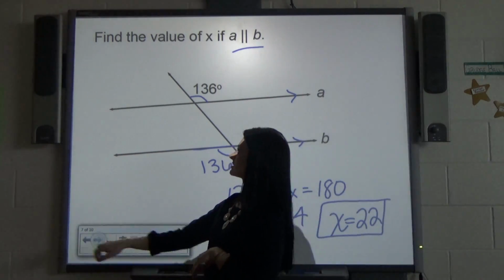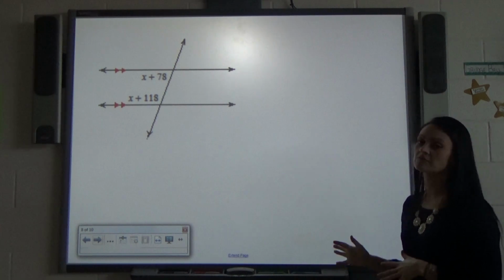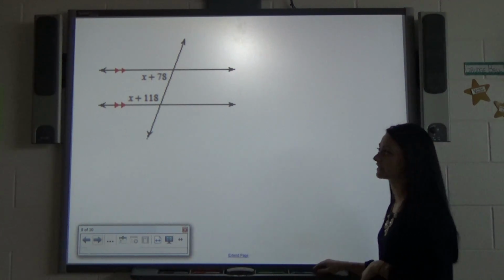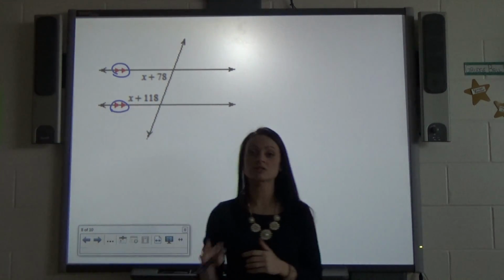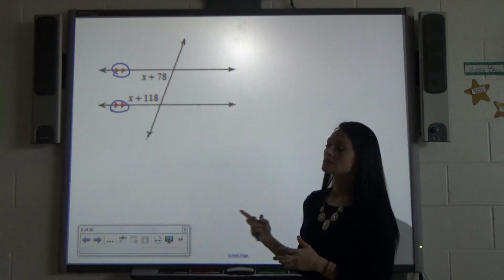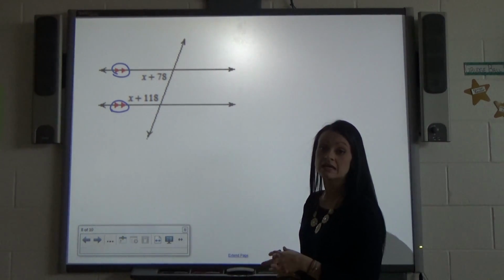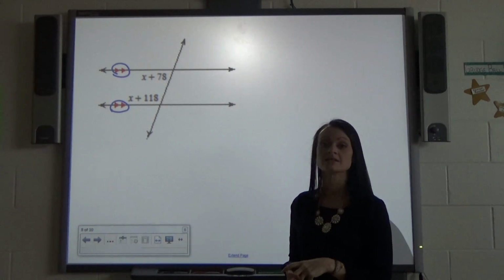Alright, so let's go to another example. Now this didn't give me any information in word form about the lines, but you can see here that it gave me the parallel notation, so I know I'm allowed to use all the theorems we just discussed earlier. These angles are same side interior angles, which tells me these are supplementary.